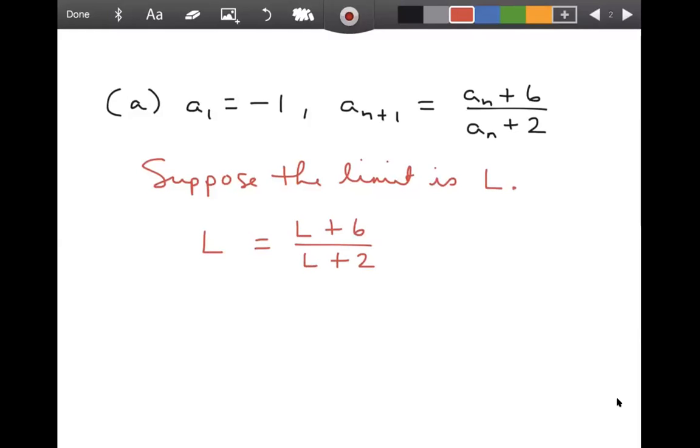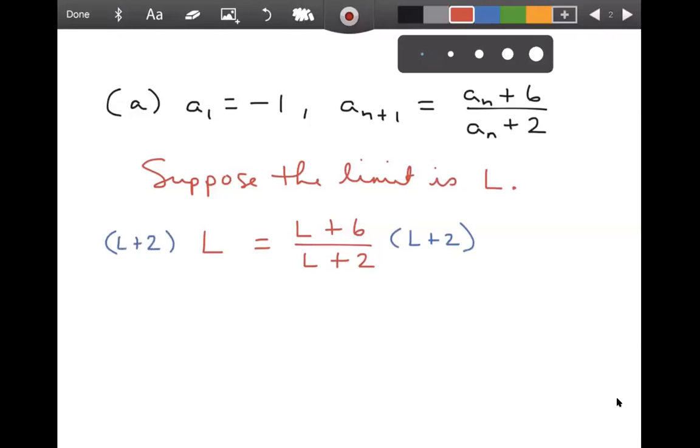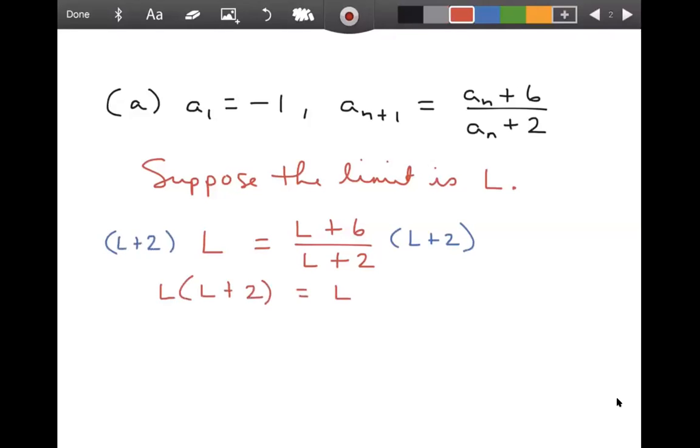So that is the type of equation that you may recognize from, say, Math C. It is a rational equation. So I am going to multiply both sides by L plus 2. And that's going to give me L times L plus 2 is equal to L plus 6.